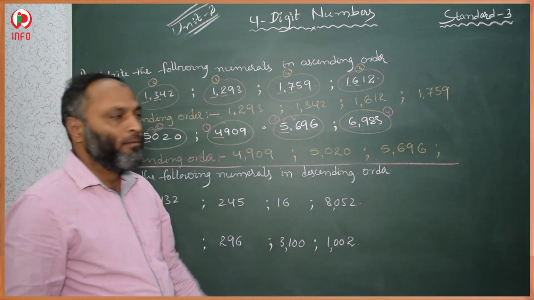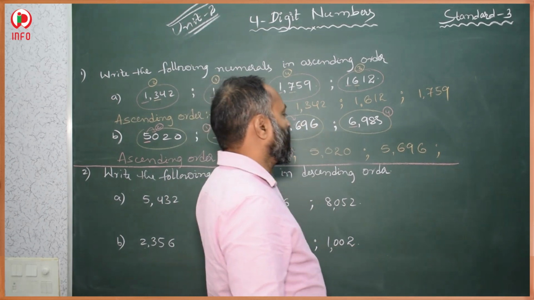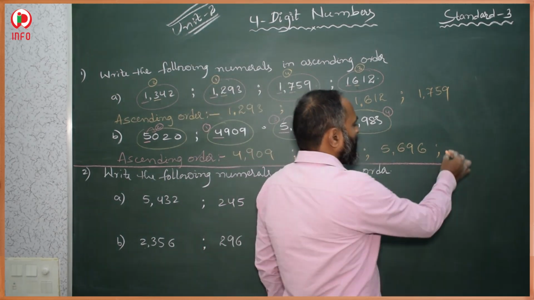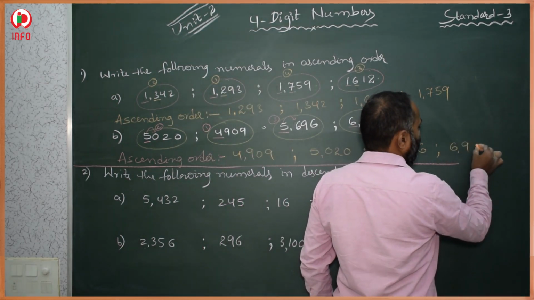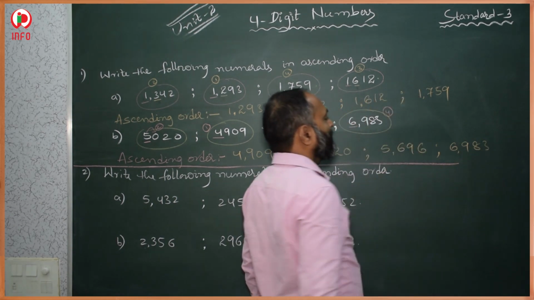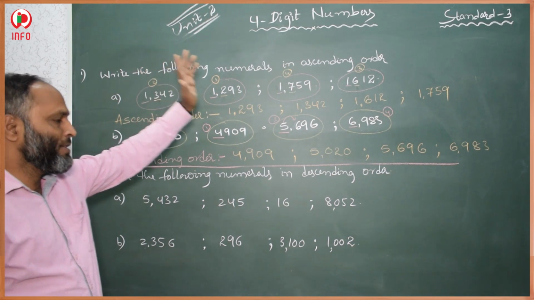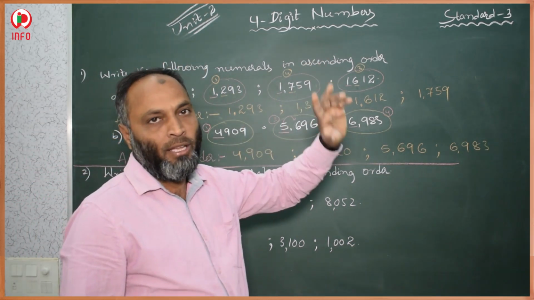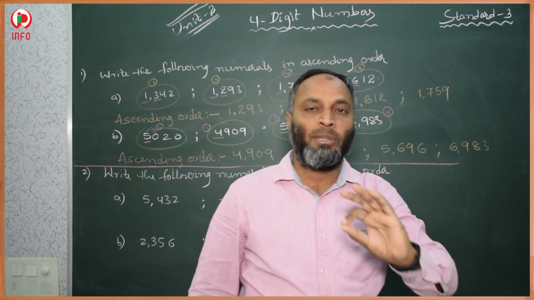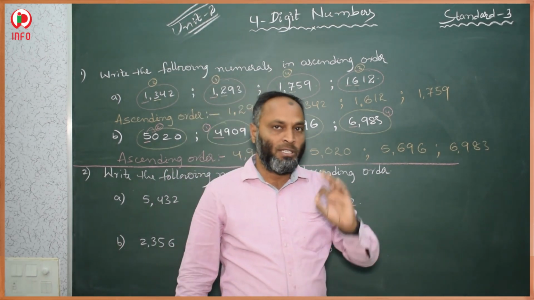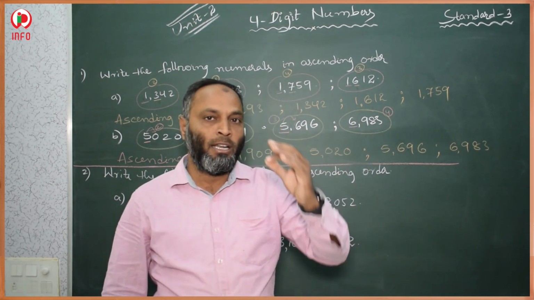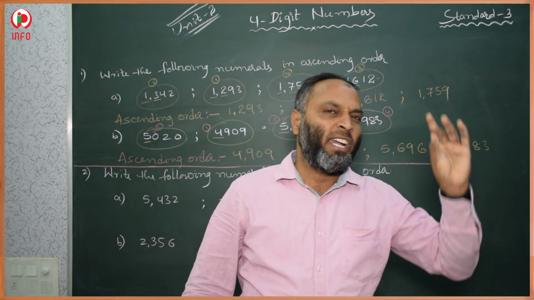Then the biggest number among these four is 6983. So in this way we have to check which one is the least and which one is the greater, and after that we have to arrange in ascending order. Ascending order means increasing order. Increasing means first we have to take the smaller number, a little bit bigger, a little bit bigger, and the biggest number finally.